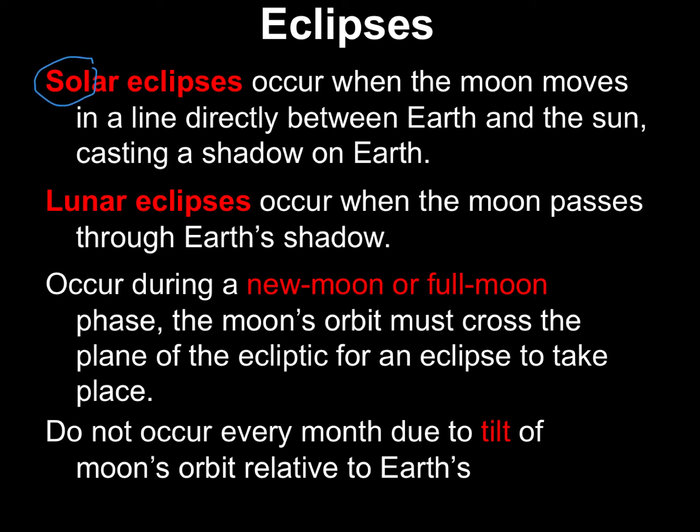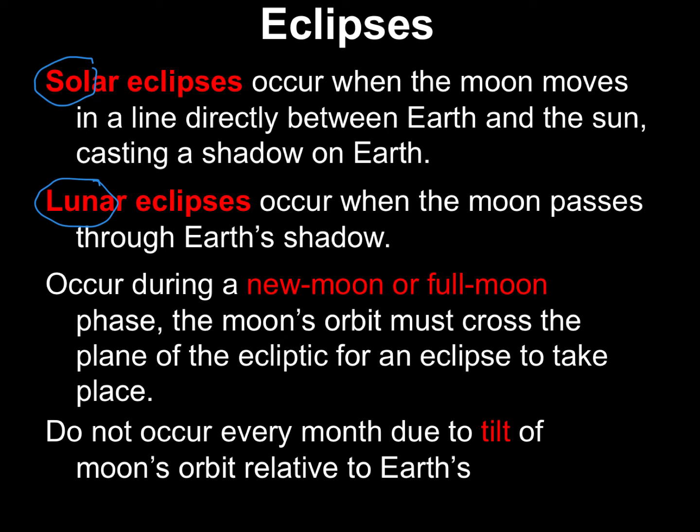Sol means sun. So solar eclipses are when sunlight is blocked. Lunar eclipses are when the moon passes behind the Earth and into Earth's shadow. Luna means moon. So lunar eclipses are when moonlight is blocked.